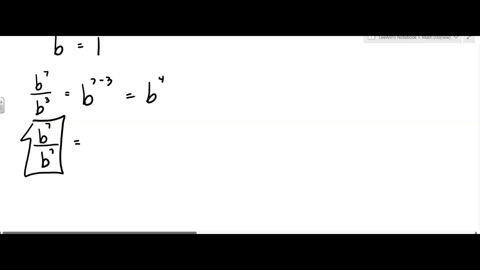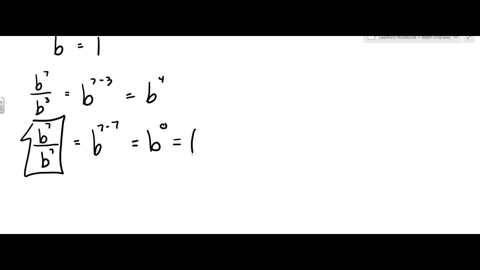Everything's canceling, so you just have the same thing in the numerator, same thing in the denominator, that just equals 1. But if you use the rule that we have, you'd go b to the 7 minus 7, which is b to the 0. So in order for things to match up, by definition, we have to say b to the 0 equals 1, okay?